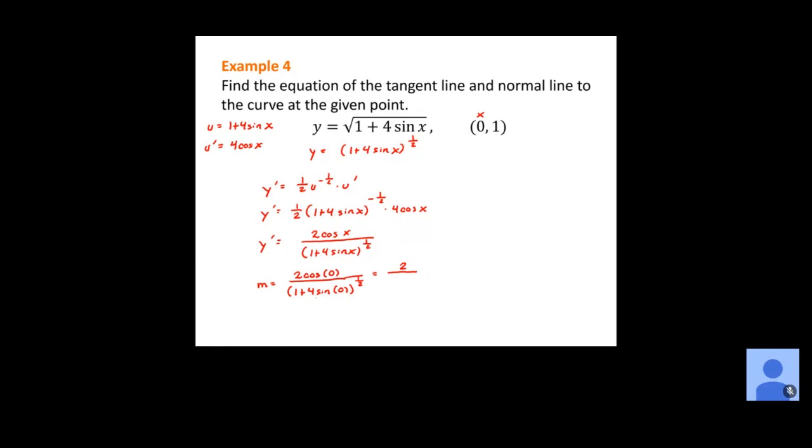Because 4 times the sine of 0, that's going to become 4 times 0. That's 0 plus 1 is 1, and the square root of 1 is still 1. We get 2 over 1, or just 2 as our slope now. So just remember, first derivative tells you the slope of your tangent line. So once we plug in that x value, that's what our slope's going to be. Once we know our slope, now what can we do?